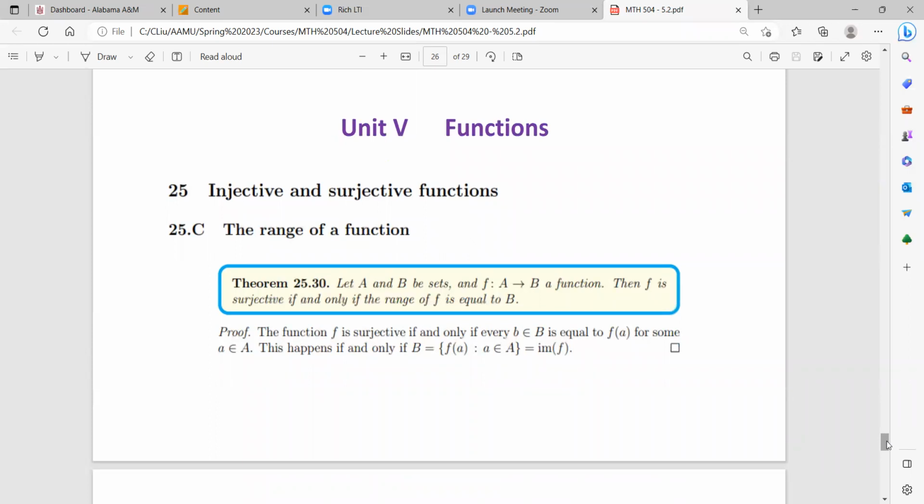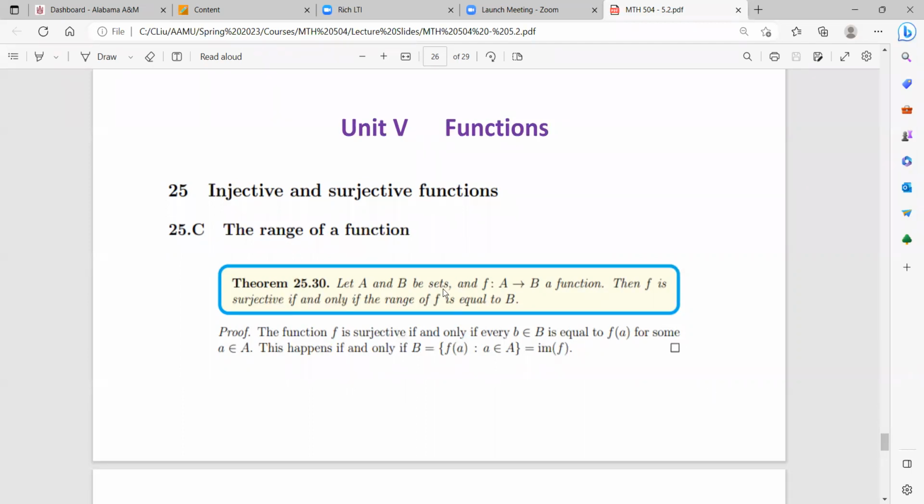As we know, if a function is both surjective and injective, then the range is equal to the codomain, and vice versa. So this is pretty straightforward.